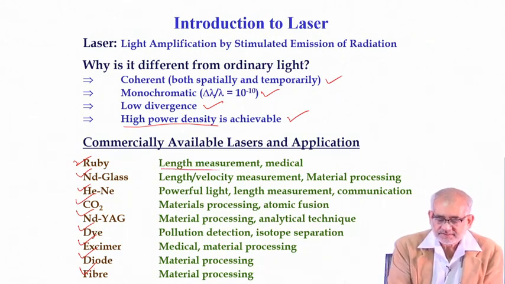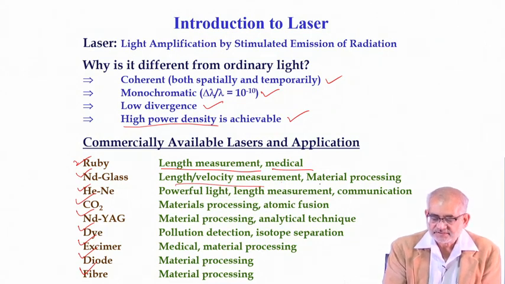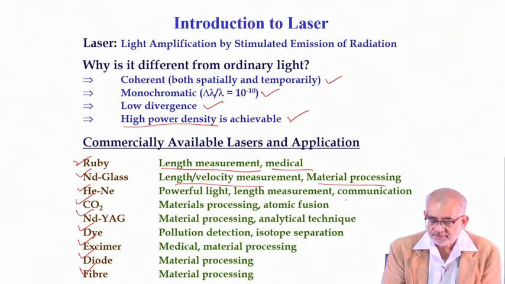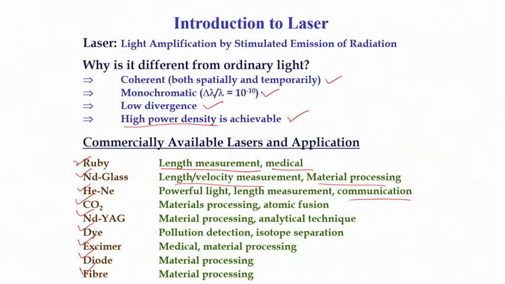It can be metrological applications, medical applications, velocity, again metrological applications, various kinds of materials processing, which can be used for communication or for path guidance, also for analytical purpose, for spectroscopic purpose, pollution detection, isotopic separations, and various kinds of materials processing. So the choice of a particular laser will depend upon the application we have in mind.